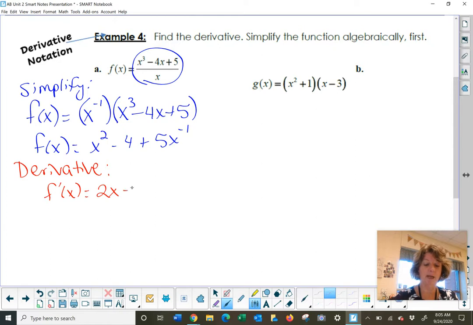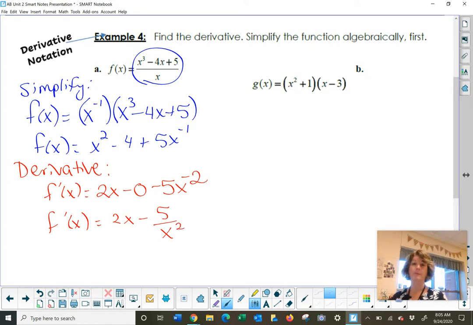The derivative of a constant is 0, and the derivative would be negative 1 times 5, negative 5, x to the negative 2. Do not leave a negative exponent in your answer, so let's write this by bouncing it to the bottom. And there's our answer. Not so bad.